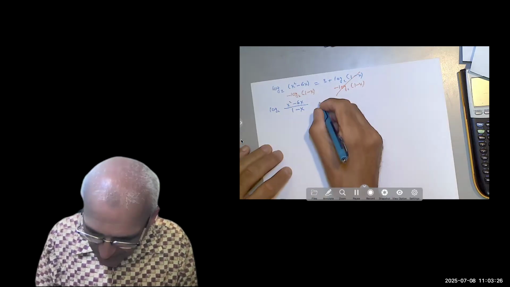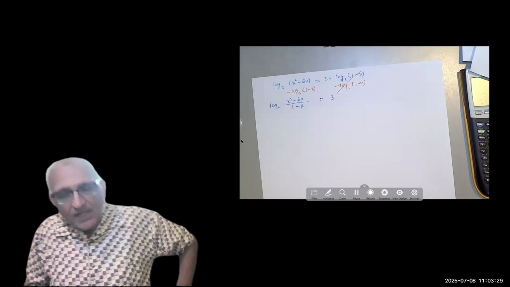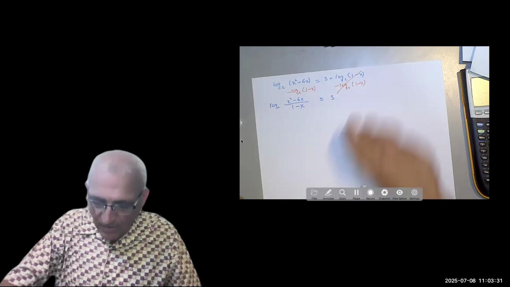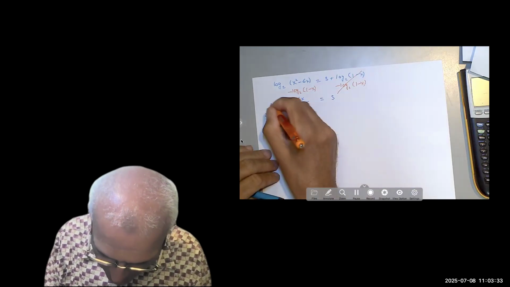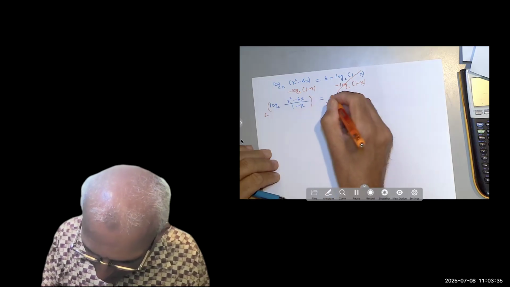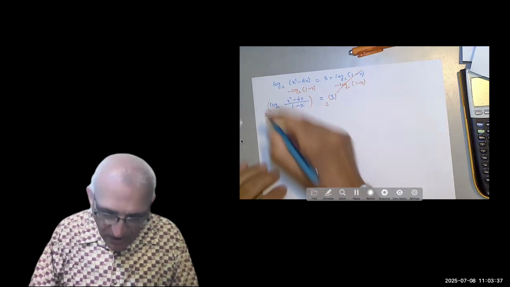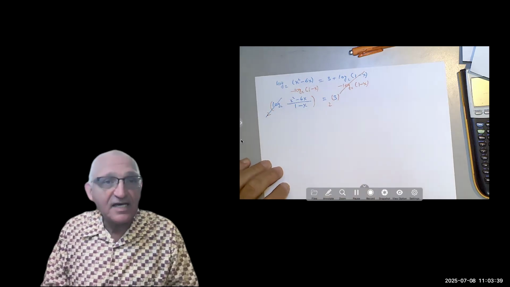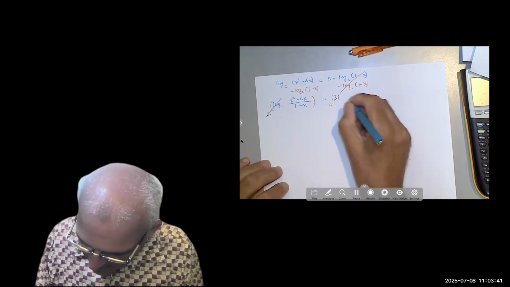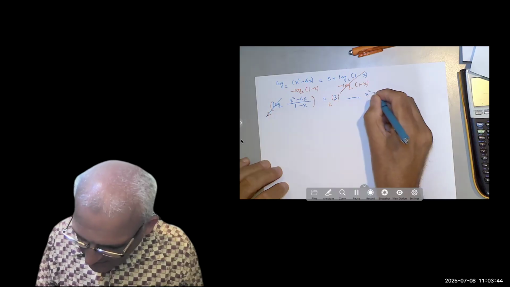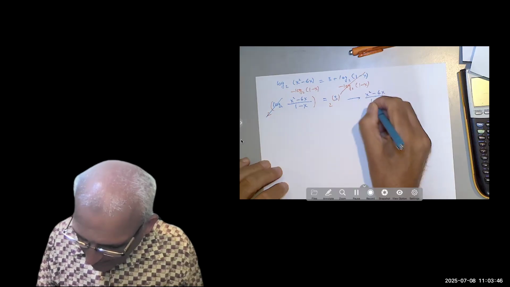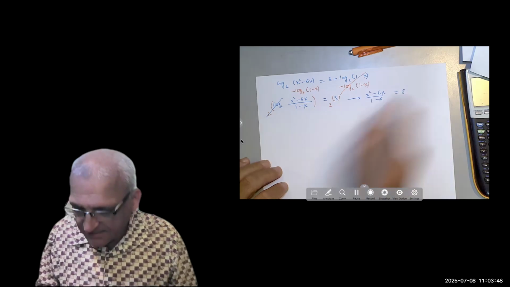And that equals 3. Now I take 2 raised to this power equals 2 raised to this power, like we did before. So we cancel the logs, and you get x squared minus 6x over 1 minus x equals 8.